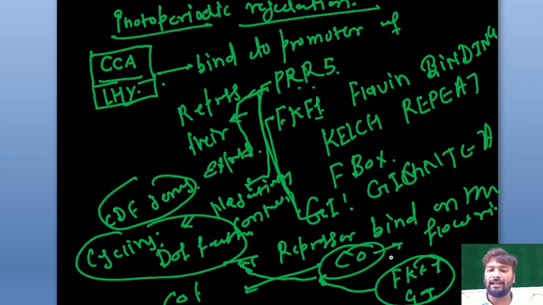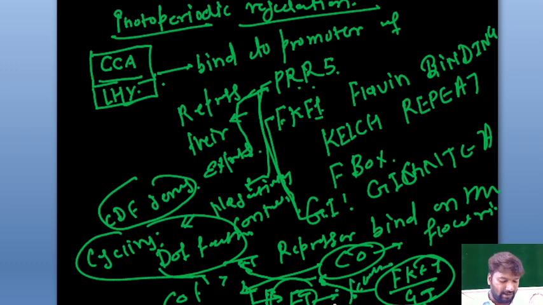Also FKF1 and GI degrade these CDF genes, and there will be an expression of CONSTANS genes. Also some proteins further activate the FT genes, and FT genes cause the flowering process, and some genes like COP1 also activate the active protein.